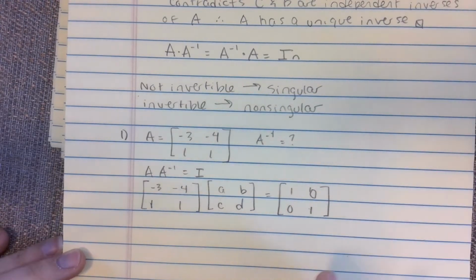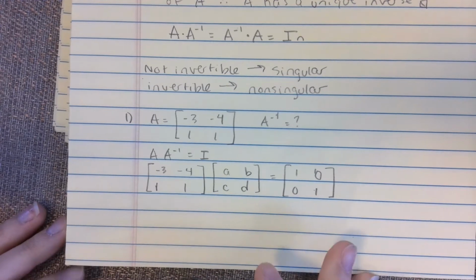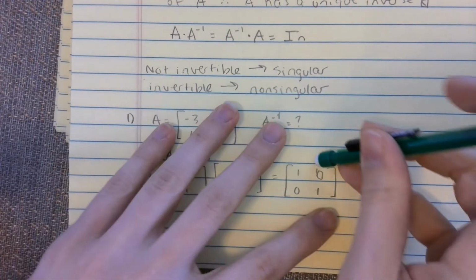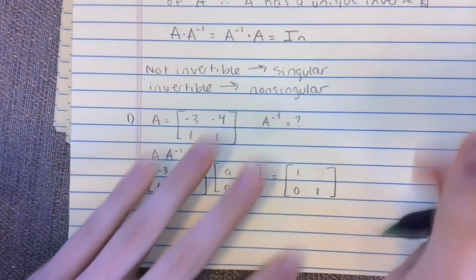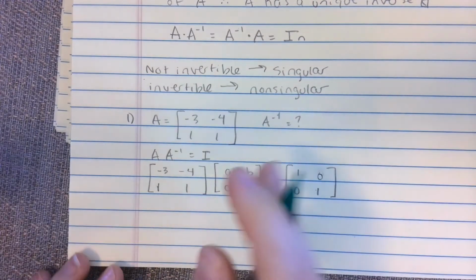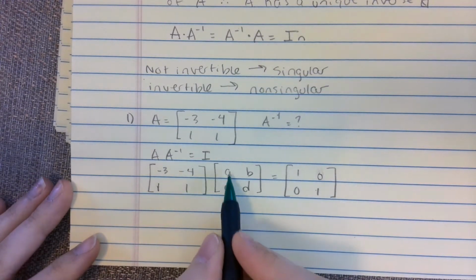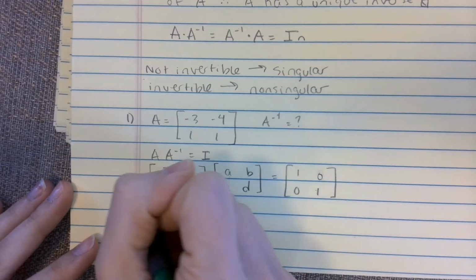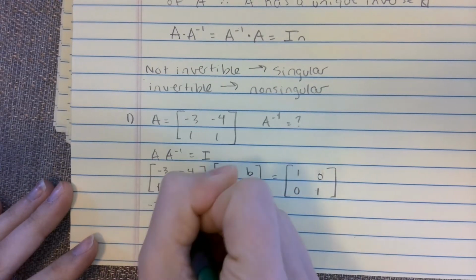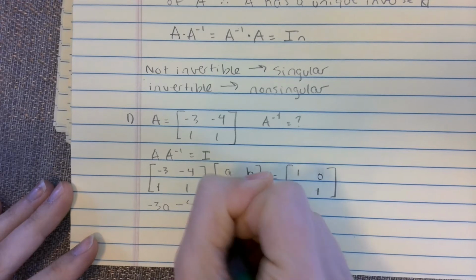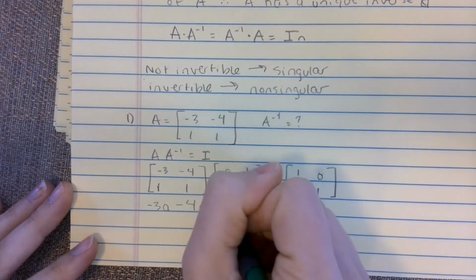Well, I can get a system of equations from this just by multiplying the two matrices together. Multiplying the first row by the first column will give me -3A minus 4C, and that should be equal to the first component, 1.